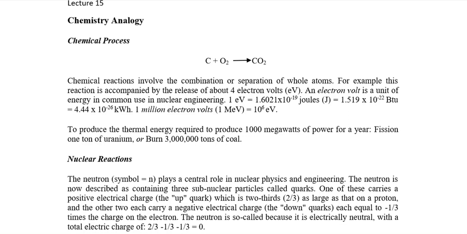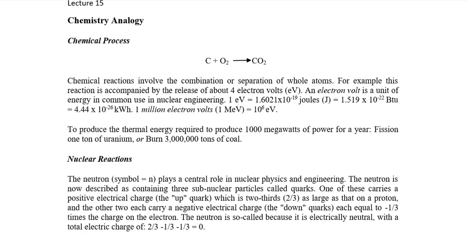If we compare this example in nuclear terms, when carbon reacts with oxygen, it releases 4 electron volt. 1 electron volt is equal to 1.6 into 10 power minus 19 joule, or 1.519 into 10 power minus 22 BTU, which gives us 4.4 into 10 power minus 23 kilowatt hour. So 1 million electron volt would be equal to 10 to the power 6 electron volt.